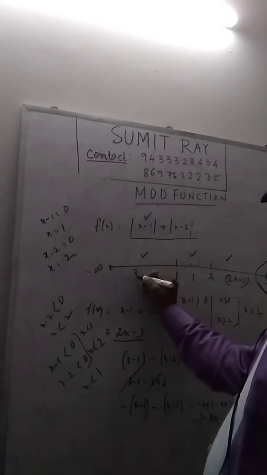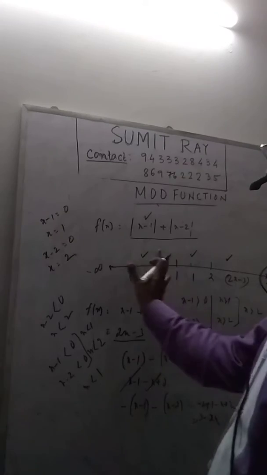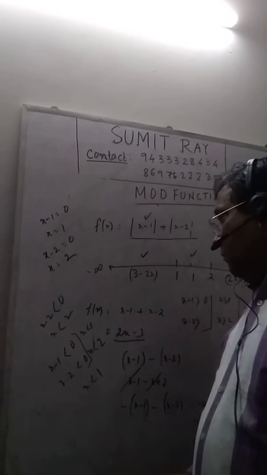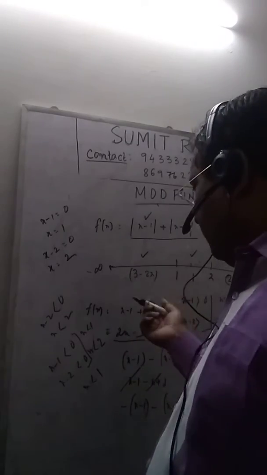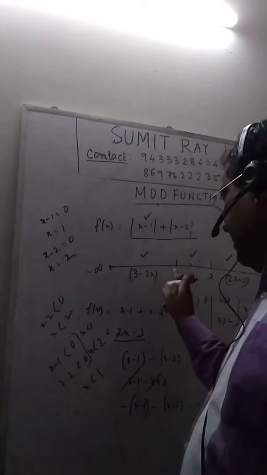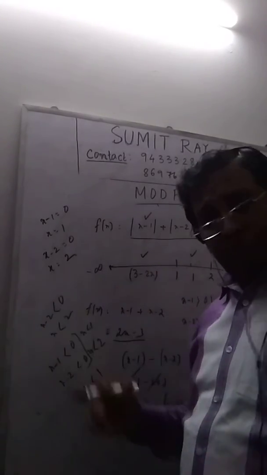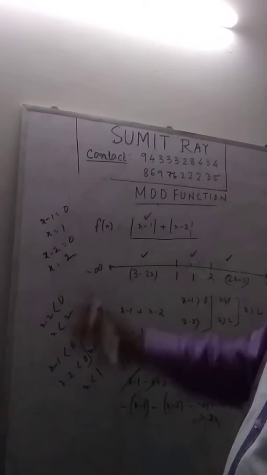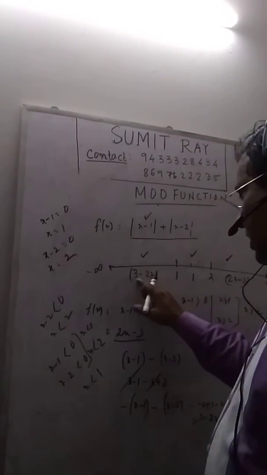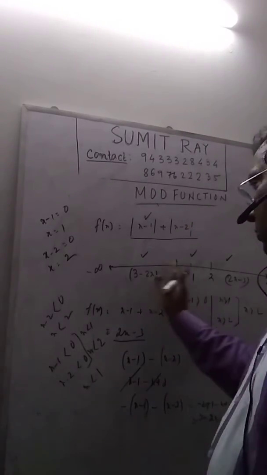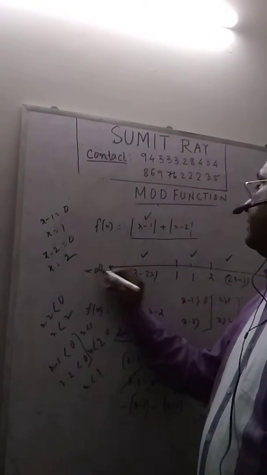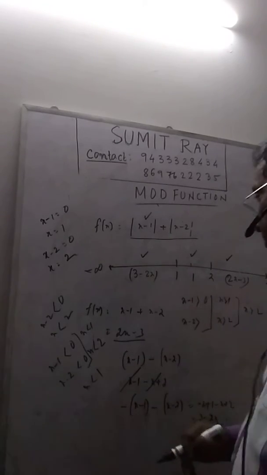So this 3 minus 2x represents, in this interval, for any value of x, say 0, you put this value 0, it is positive. You put 1, 3 minus 2, it is positive. So any values from 1 to minus infinity always produce positive values.